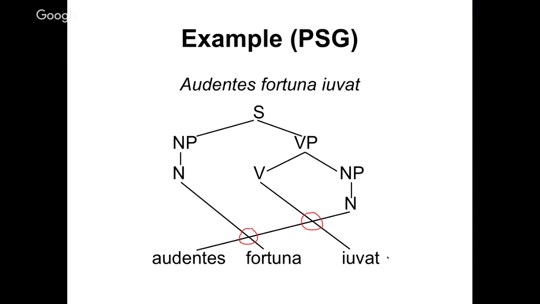So, to give you just a very simple example, this is the PSG representation, so constituency grammar representation of Audentes Fortuna Iuvat in Latin. And as you can see here, as long as you move along the tree from the terminal nodes, so from the leaves to the root of the tree, you move from very specific elements, the words, audentes, fortuna, and iuvat, and then to parts of speech, phrases, until the root of the tree.